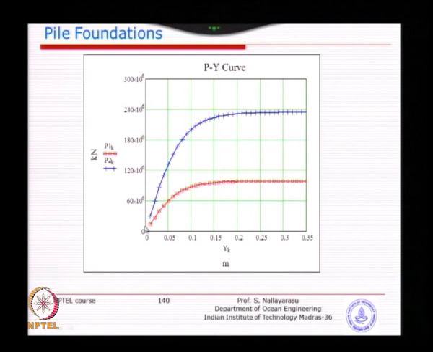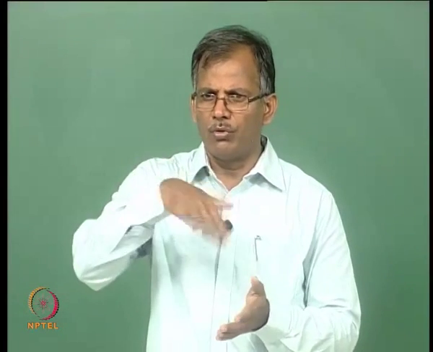And that is what you need to try and practice, because ultimately when you want to do a computer simulation, in fact we should try and do that in our numerical modeling class, prepare a few PY data from a given soil material. For example, earlier we were doing axial capacity for a 3 layered soil or 4 layered soil.